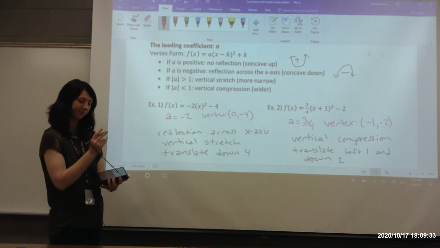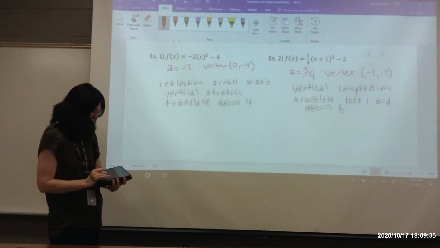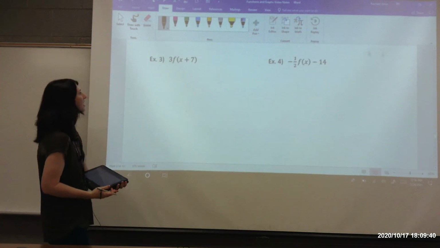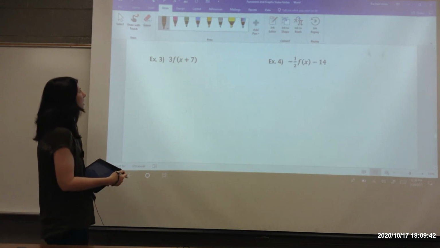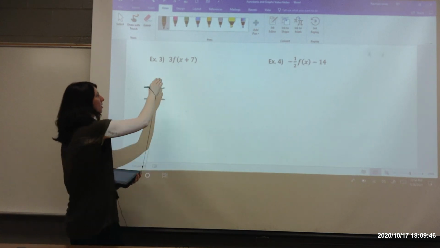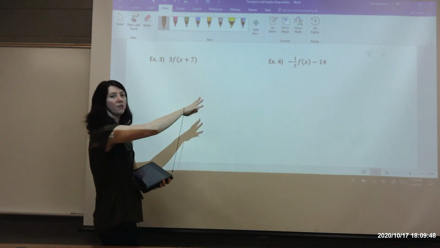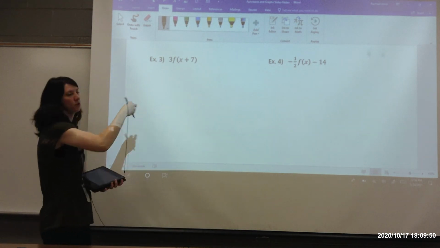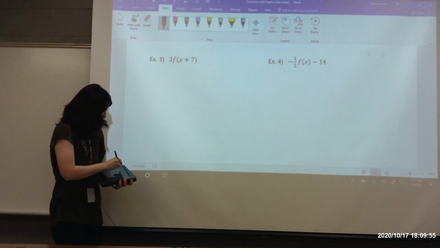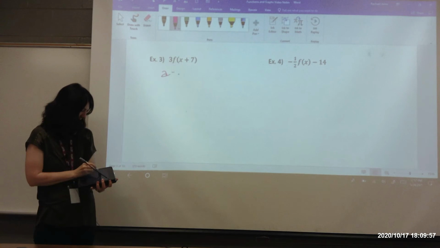And there we go. Okay, I just wanted to show you here that you can see these in function form as well. So we don't know what the parent function is, but we can see all of the numbers and how they are going to affect the graph. Okay? So our A here was 3. Our vertex, if we were to have one, would be -7, 0.